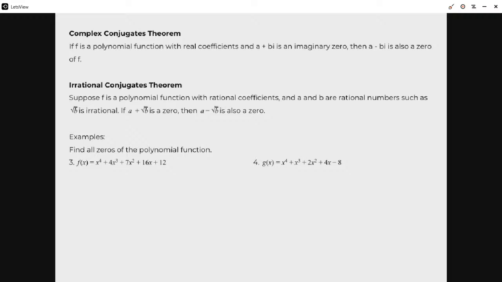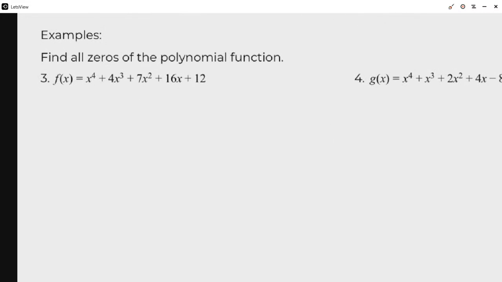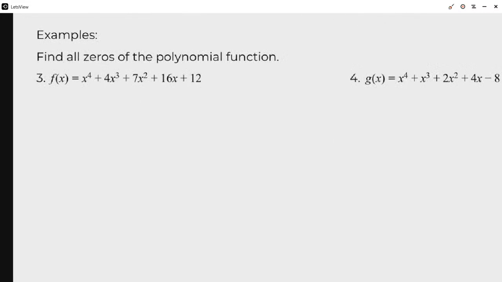Okay, so for example, here we want to find all zeros of the polynomial function. So we're going to list them all like we did in the last section. And since the leading coefficient is 1, this is not too bad. So we have 1, 2, 3, 4, 6, and 12.